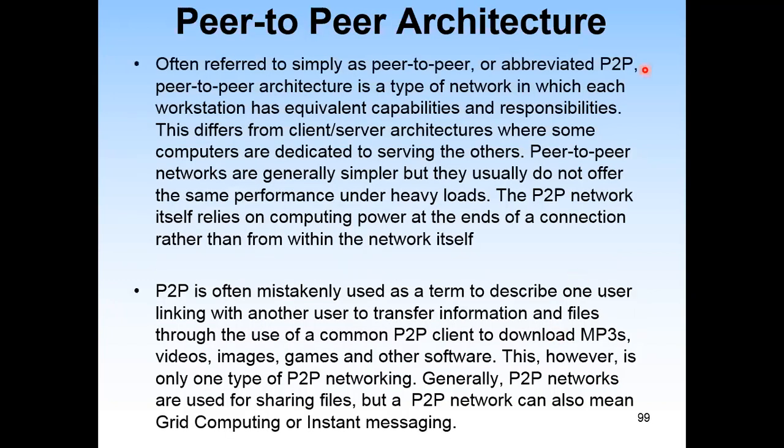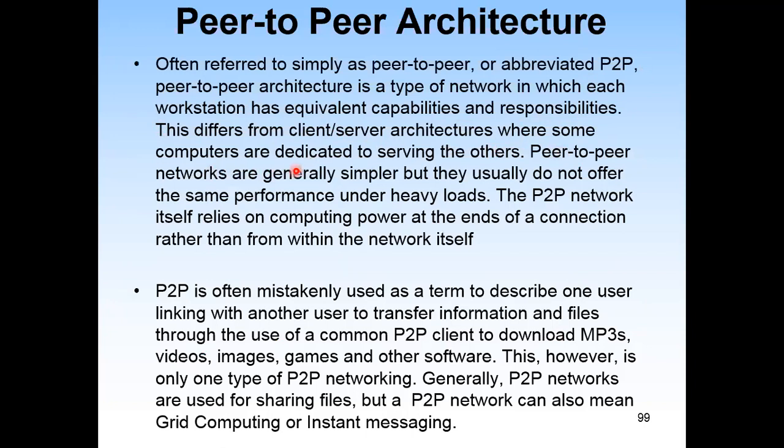What is peer-to-peer architecture? Often referred to simply as peer-to-peer or abbreviated P2P, it is a type of network in which each workstation has equivalent capabilities and responsibilities. This differs from client-server architecture, where some computers are dedicated to serving the others.